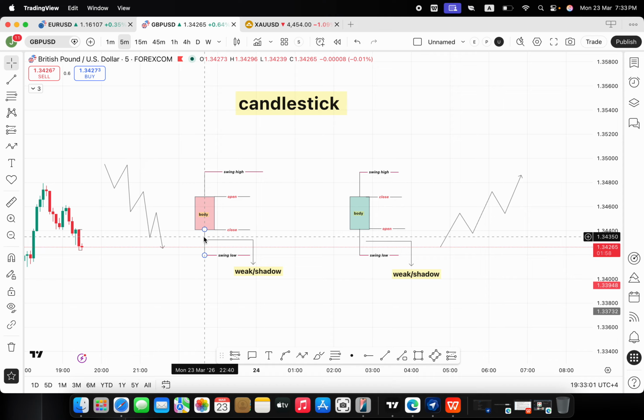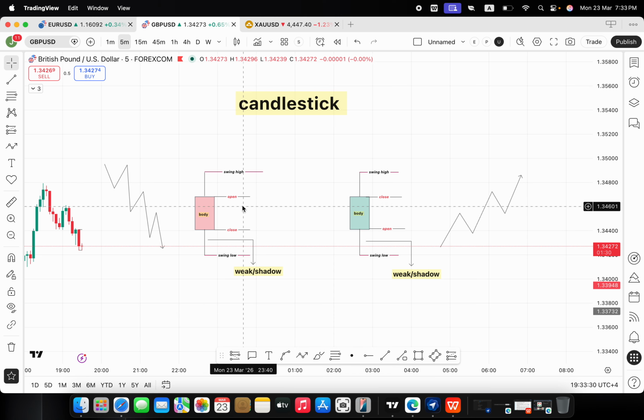Then when it is called shadow, just know that, okay, these people are no more here. But that wick shows you that the bull is rejecting to go down, then takes it to the other side. So when you see something like this, it simply means the bull is rejecting and the bear is also rejecting. So they finally close the market at an agreed price.